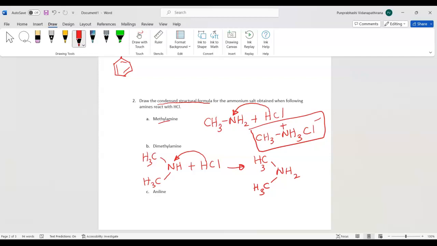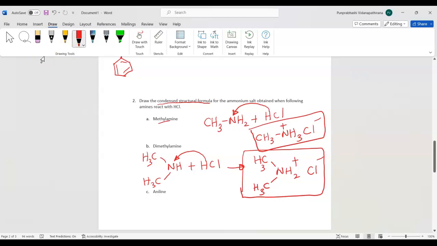So there will be two hydrogens, and it's a positive ion, and then chloride ion. So this is dimethyl ammonium chloride. Dimethyl ammonium chloride.